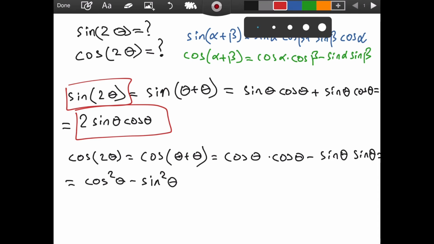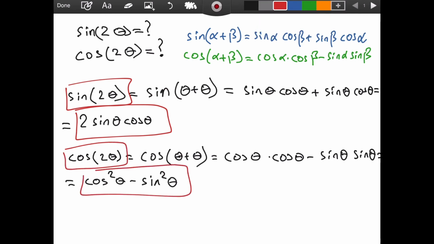And this is the other equation. We could stop here, this is great, but I don't really want to stop, because there are two other ways of representing cosine of 2 theta, and they are helpful in deriving the half angle formulas. In the future we will derive them, so I want to state those two formulas as well.